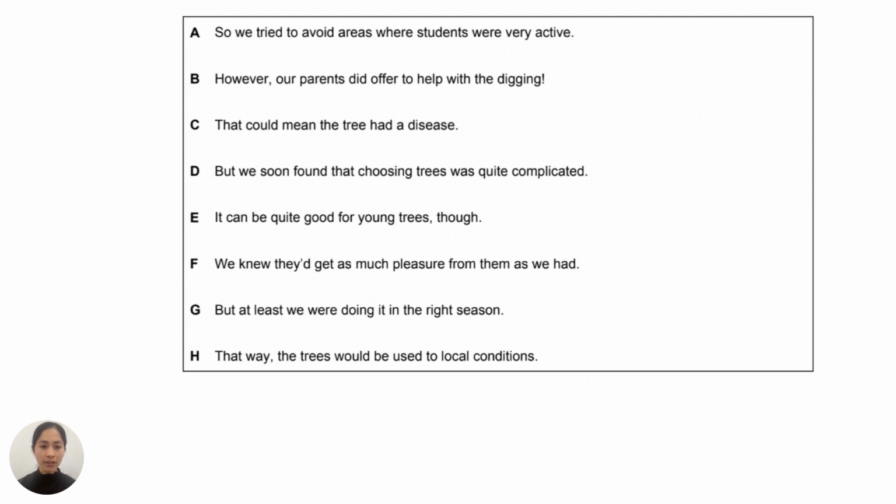Letter F, letter G: it's not about growing locally, but it's talking about the season. Letter H: that way the trees would be used to local conditions. The answer for number 17 is letter H.